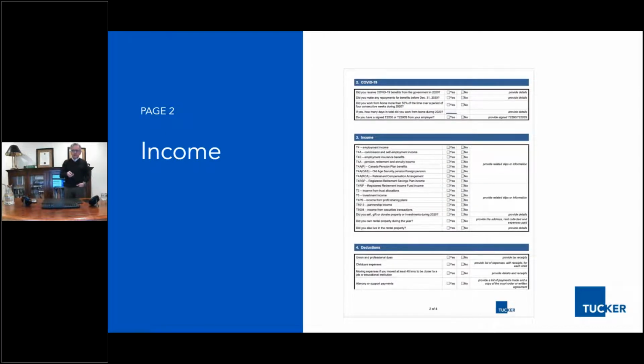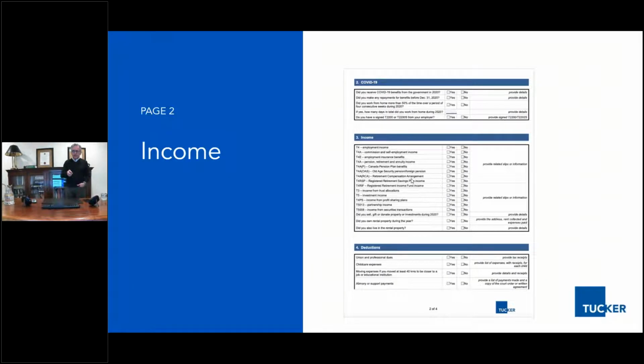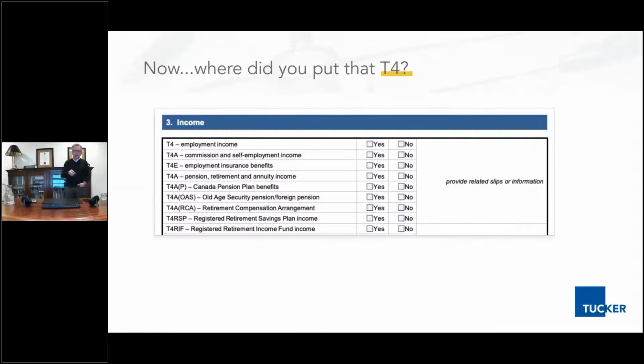All right, continuing on page 2, there's this section, which is dealing with income, all right? And so I'm just going to point out to you some of the more common slips that people should be receiving. I won't go through all of them, but you're used to getting a T4 slip if you're an employee.